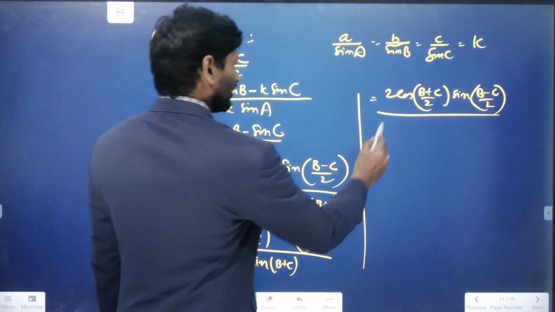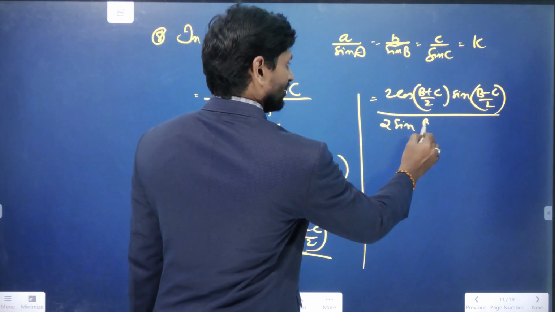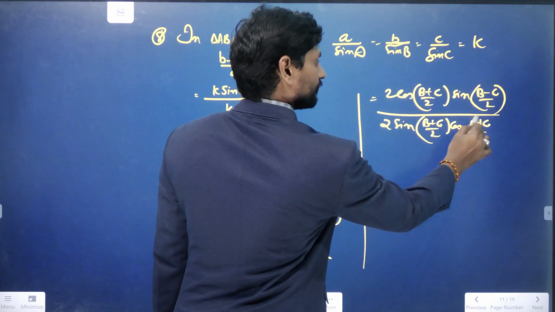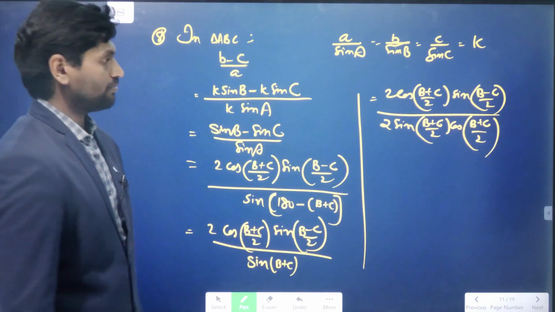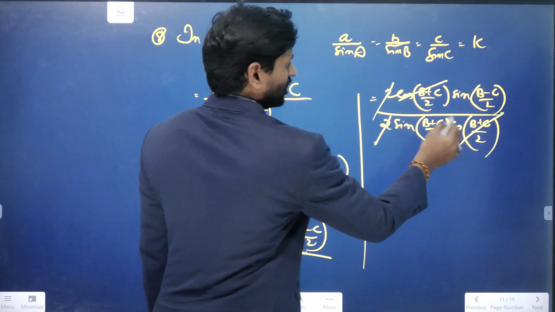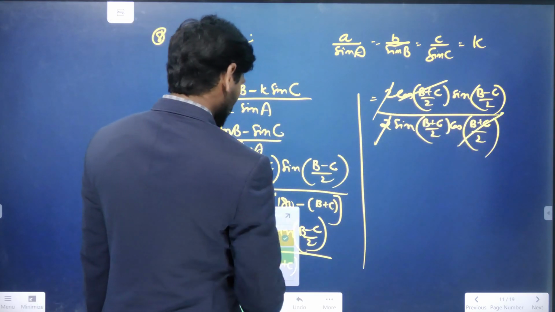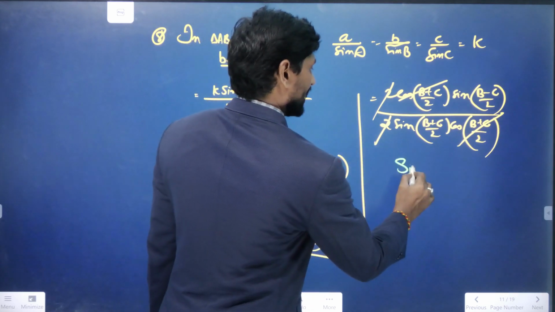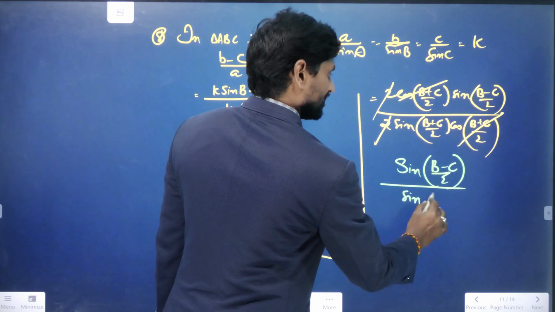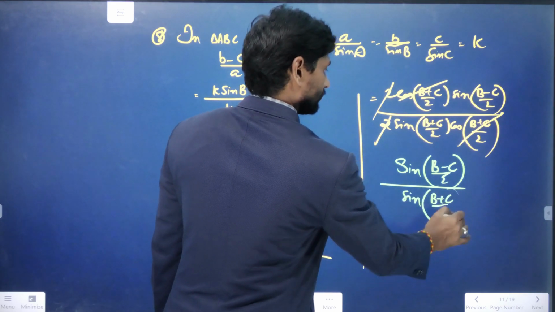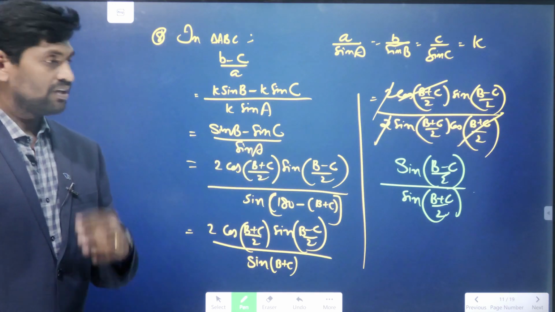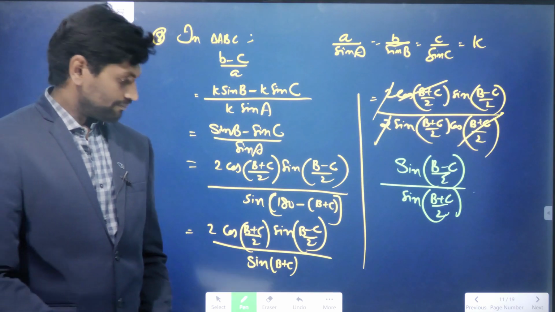In the same way we can write sine (B plus C) as 2 sine (B plus C by 2) cos (B plus C by 2). Numerator 2, denominator 2 cancel. Cos (B plus C by 2) cancels. What is remaining is sine (B minus C by 2) by sine (B plus C by 2). Okay? That is our required answer. So let us go to the next problem.